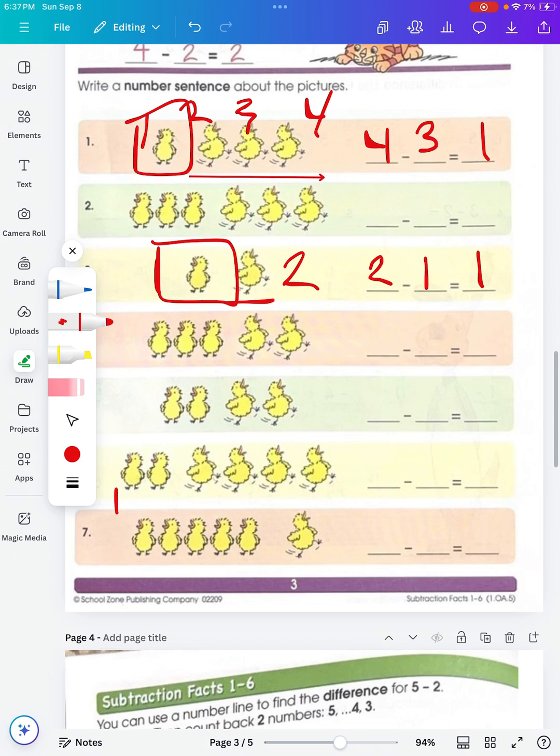There's a total of 1, 2, 3, 4, 5, 6 chicks. So we write 6, and we see that 4 are leaving. 1, 2, 3, 4. And the only remaining chicks that stayed are 1 and 2. So 6 minus 4 equals 2.